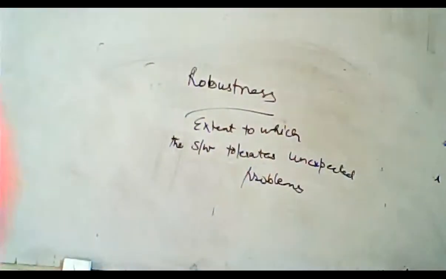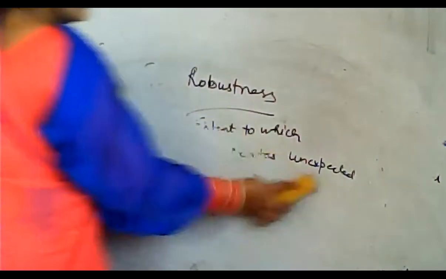So that means it is able to handle and tolerate unexpected problems very efficiently. We'll say थोड़ा सा robust नहीं है. So that means it is not able to handle the unexpected problems that are coming.